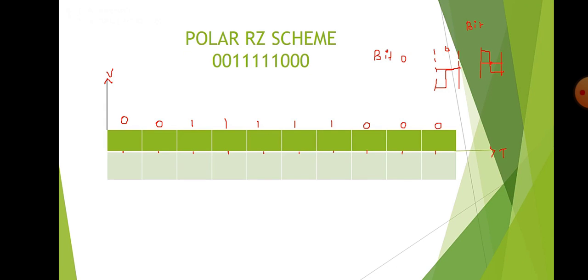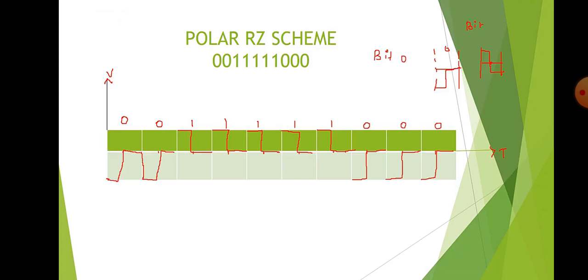We can represent bit 0 like this. The next bit is also bit 0, then bit 1, the next bit is also 1, 1, then the next bit is bit 0, the next bit is also 0, and the next bit is also 0.